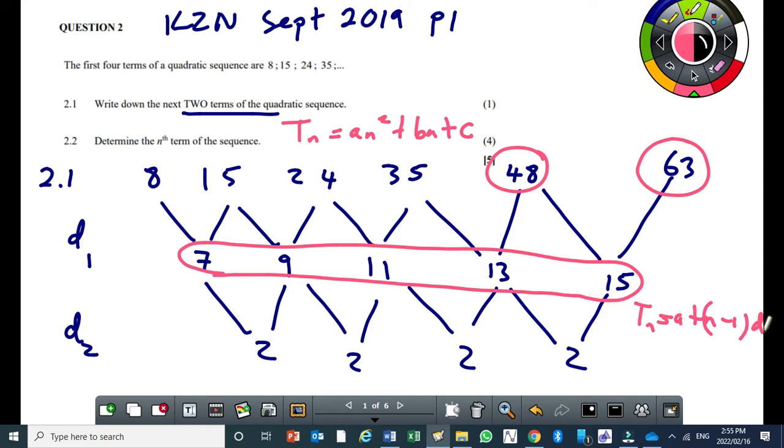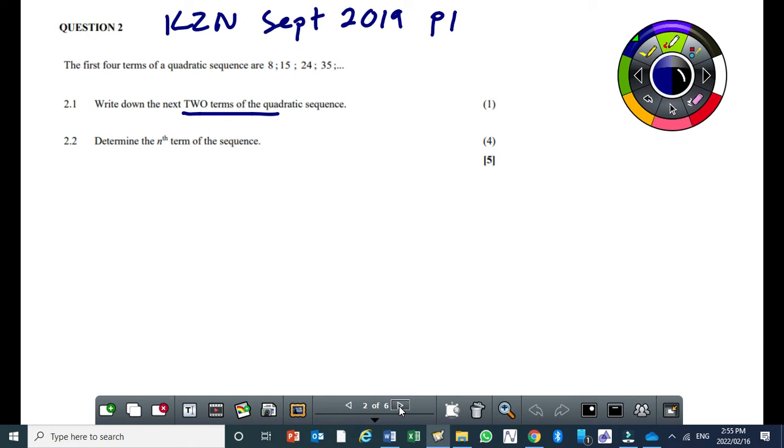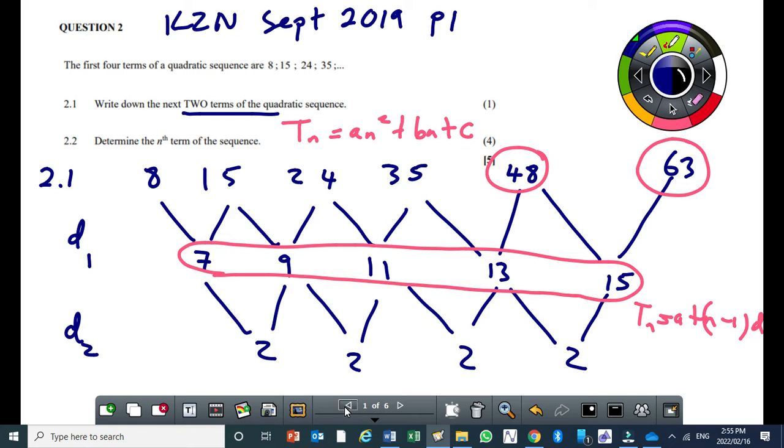Can you copy the question very well? We need to finish all these questions. So I need to move on. Otherwise, we won't be able to finish. We don't have a lot of time. So 2.2, okay, let me do it there. The questions are there. So I'm now doing 2.2. I'm carrying on from this page.